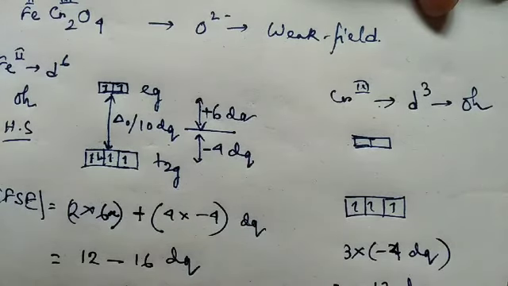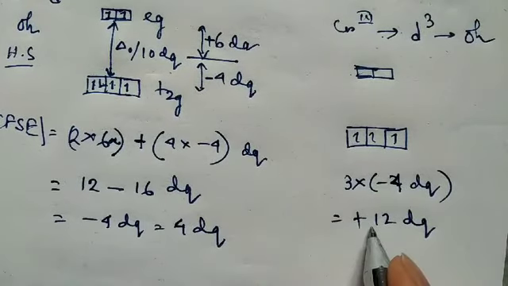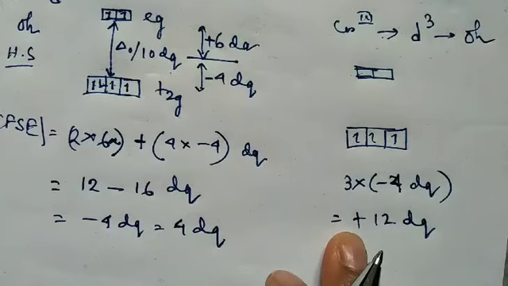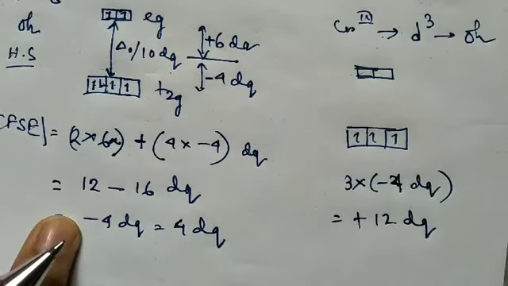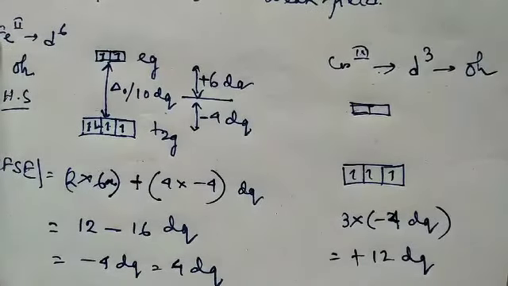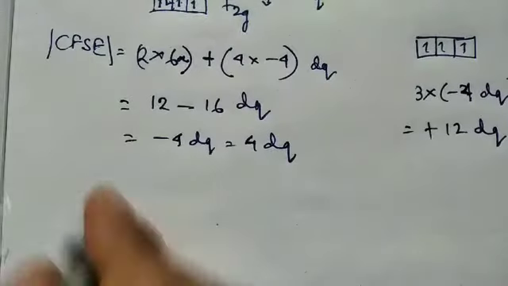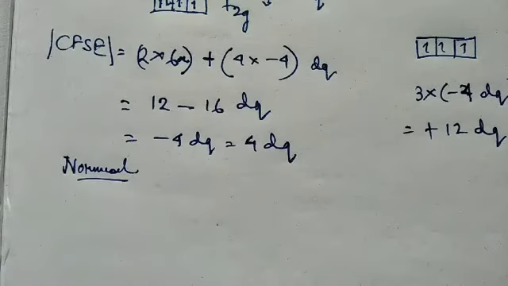If you take the mod, it will be 12 Dq. So this value is more, meaning the trivalent cation in the octahedral field gets a larger CFSE value than the divalent cation in the octahedral hole. This is the divalent cation. Therefore, here it will be a normal spinel. So this is the way you have to calculate.